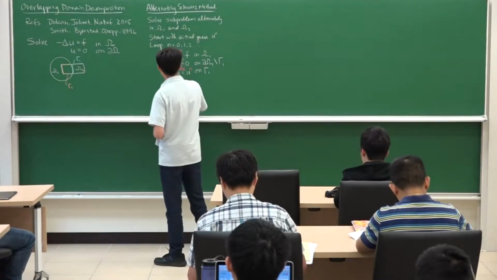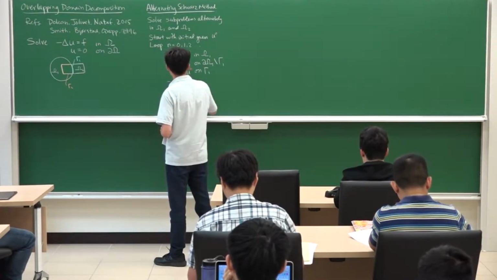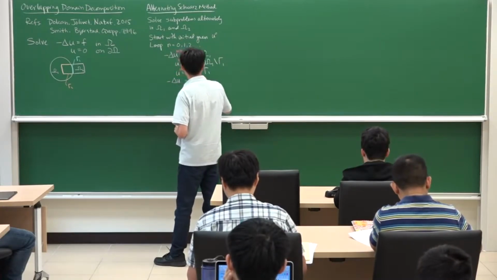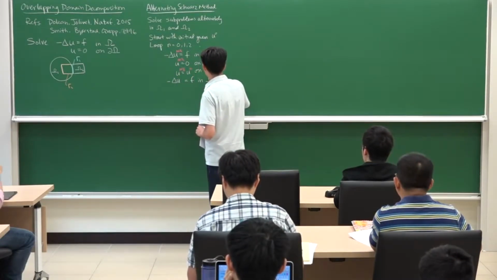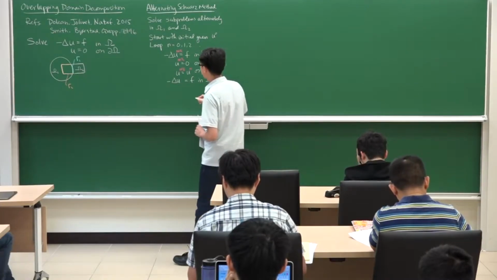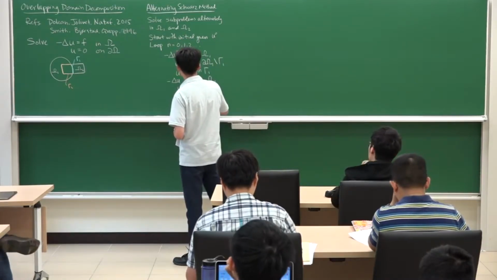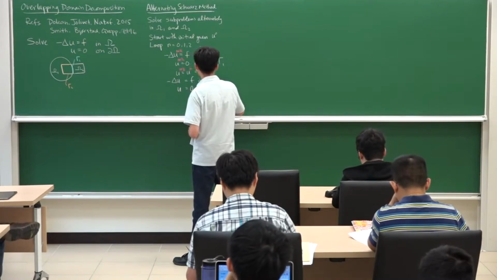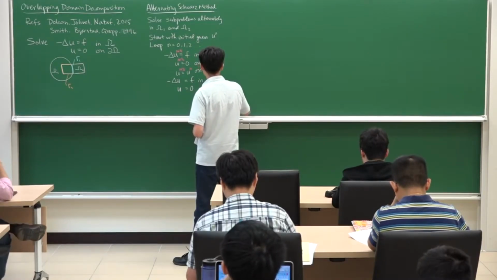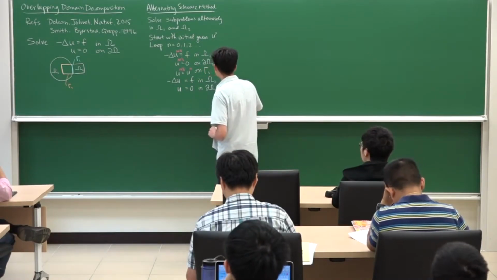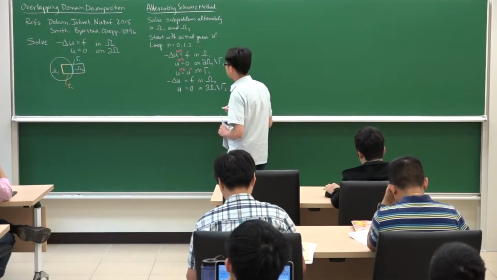Okay, so now we have the second step. We're going to try to solve in omega 2, u equals 0 on the boundary of omega 2, but not on this interface gamma 2.